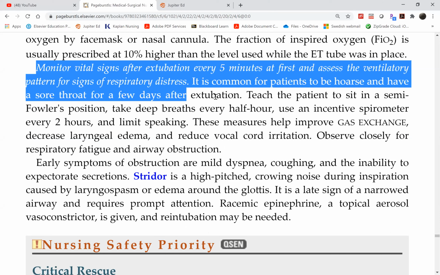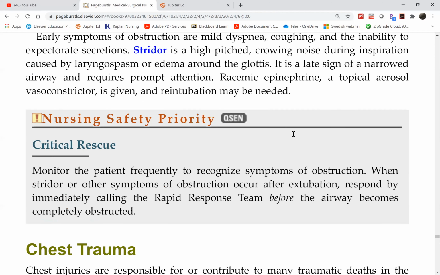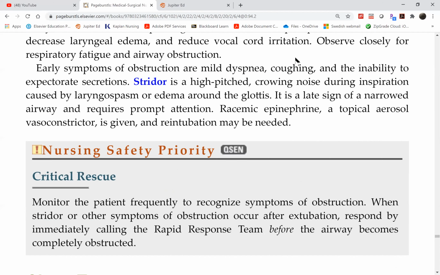All right, so position them semi-Fowler's, and do breathing exercises. Just make sure they remain strong. Do breathing exercises as often as possible. Give them the incentive spirometer, because we don't want any setbacks. And that's it. Any questions? Let's take a break.